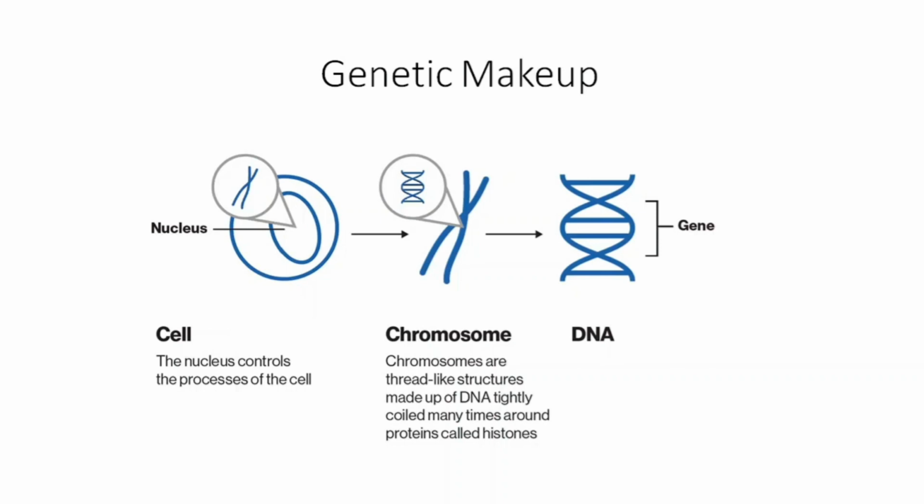Sperm and ova, unlike other cells, have only 23 chromosomes because they are produced through the specialized process of cell division called meiosis. At the start of this process, a reproductive cell in the ovaries of a female or the testes of a male that contains 46 chromosomes splits to form two 46 chromosome cells, and then these two cells each split again to form a total of 4 cells.